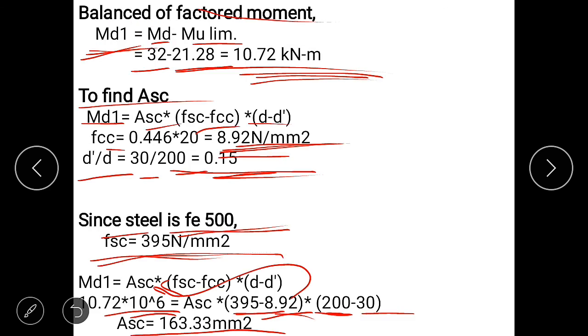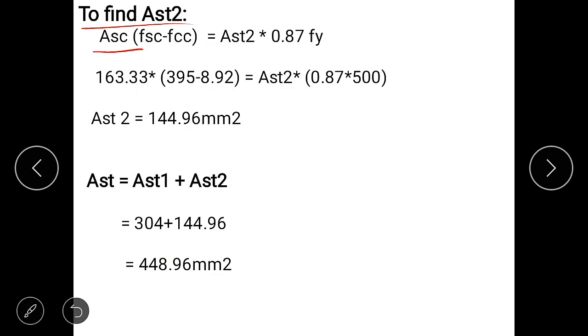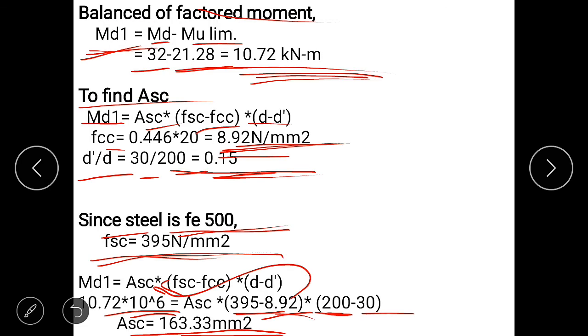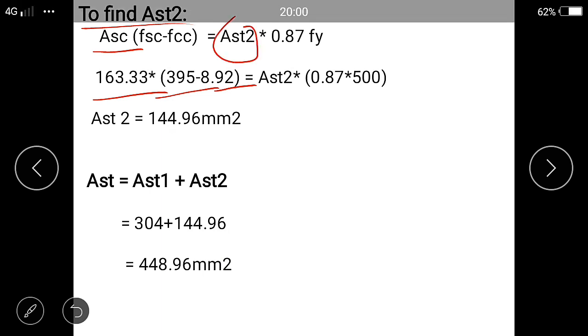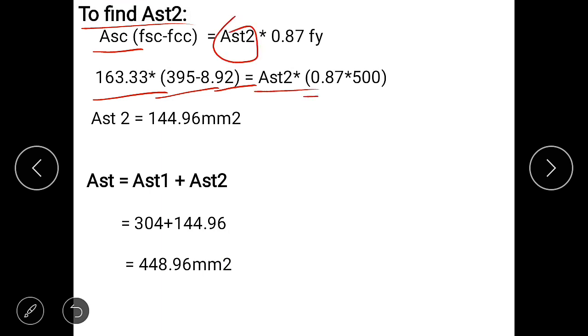So Asc is 163.33 into (fsc is 395 minus fcc is 8.92) is equal to Ast2 into 0.87 fy, fy is 500. So Ast2 is 144.96 mm square.